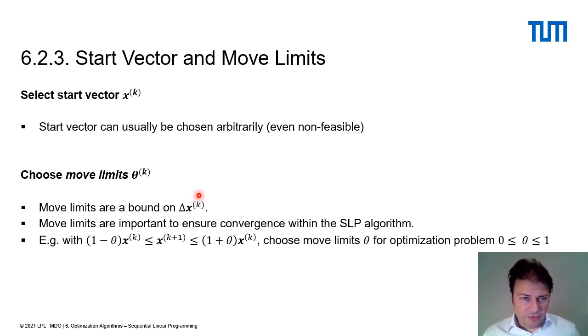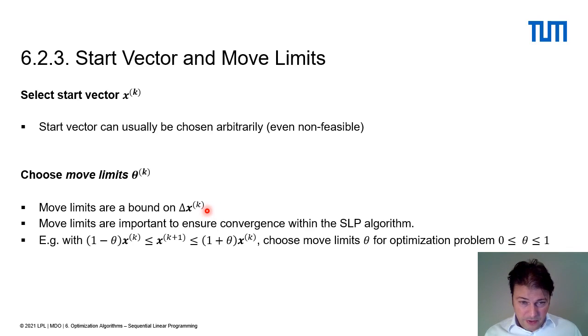What you need to take care of, though, and that's important, is to choose so-called move limits. The algorithm will find a candidate solution for each iteration step, and then you'll have to linearize your problem again, and then run a linear optimization again.